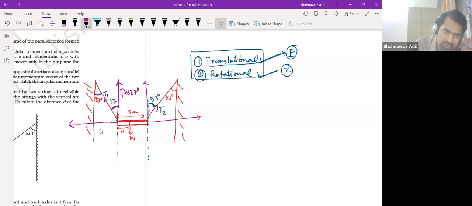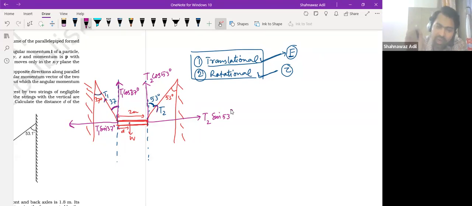This one, T1 sin theta. So T1 sin 37. Good, everyone. Similarly, this is T2 cos 53, and this is T2 sin 53. Right. So now we have written all the forces.